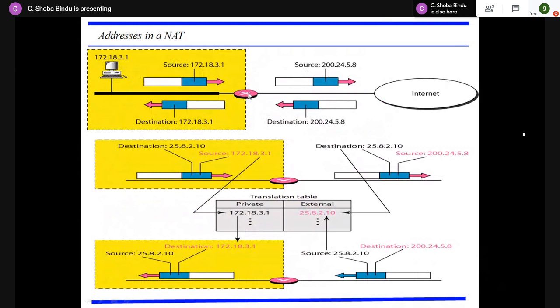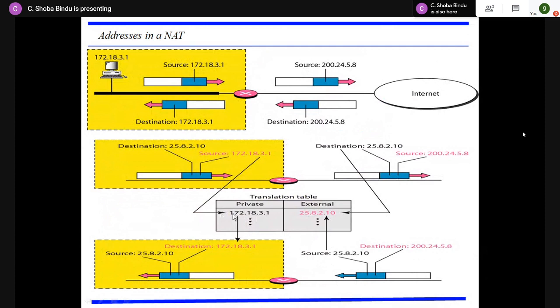Now what this router will do, it makes a note of this IP address. So it makes a note of the private IP from which you are delivering the packet to the outside world. This is the source of this particular packet, and this is the destination.